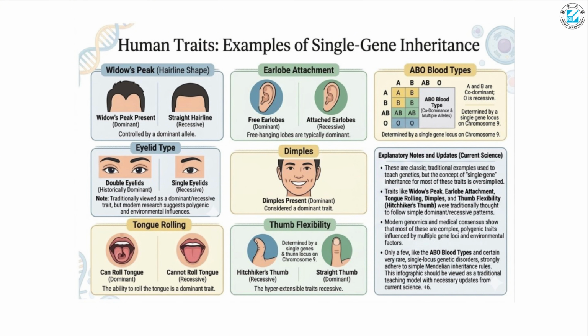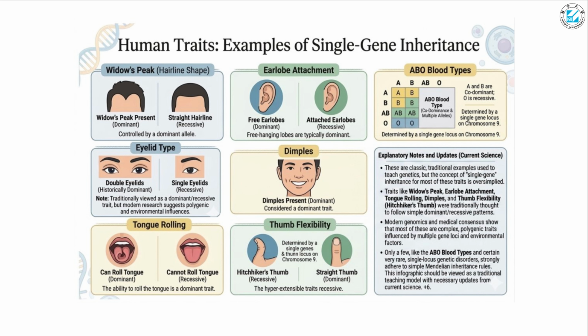So you see in this slide, the widow's peak, also called hairline shape. Widow's peak present is a dominant trait. No widow's peak is recessive. And eyelid, double eyelid is dominant, and single eyelid is recessive.